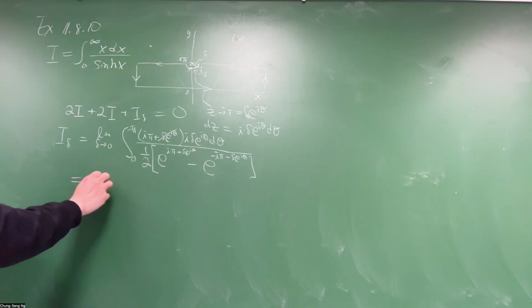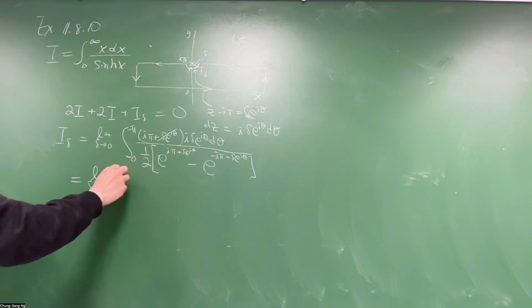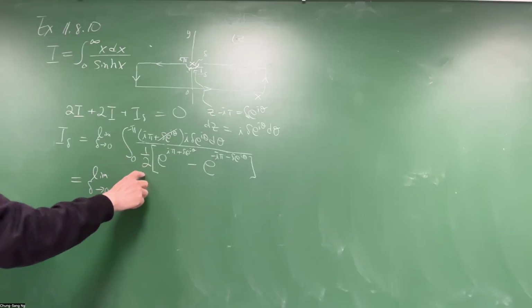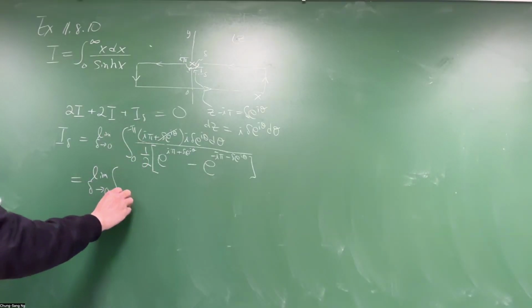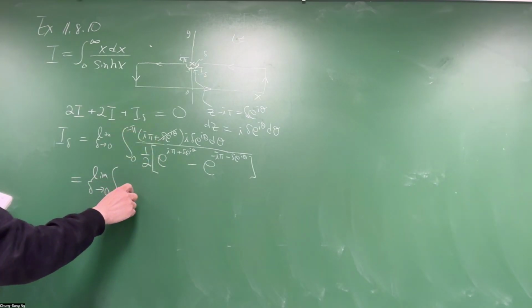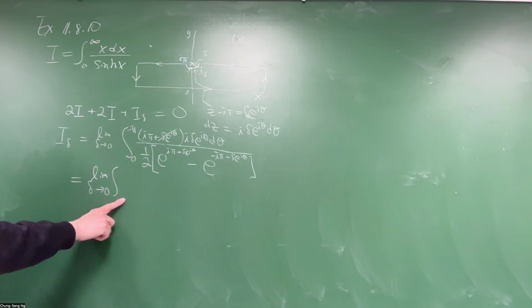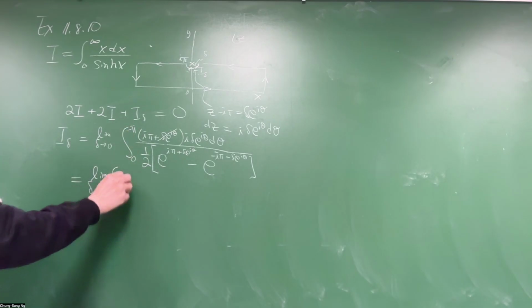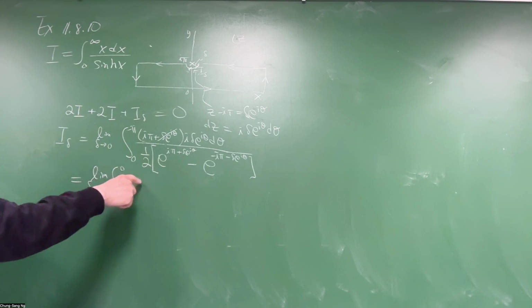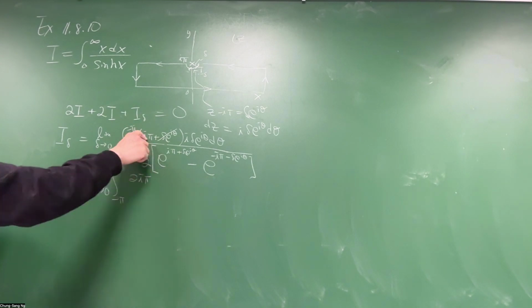Let me write one more line. So there's a minus sign. Oh, there's a 2 over here. Or you can use the minus sign to change the limits, so minus pi, 0. And there's 2 i pi in the denominator.